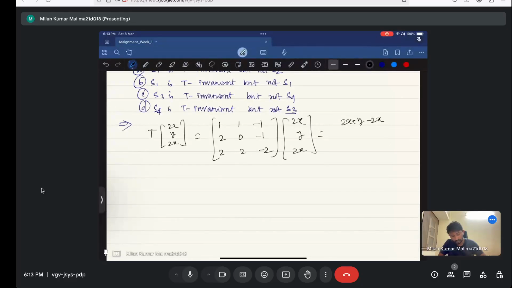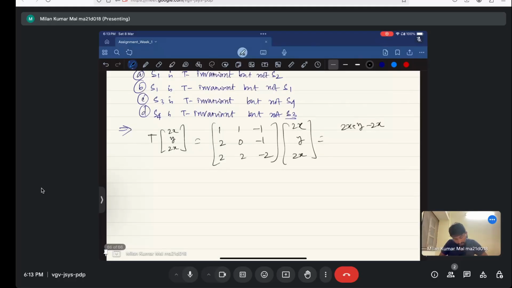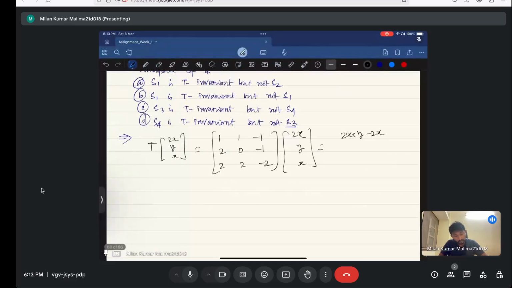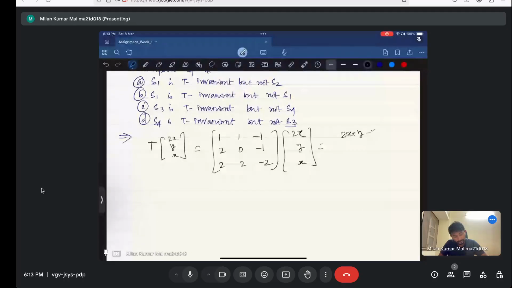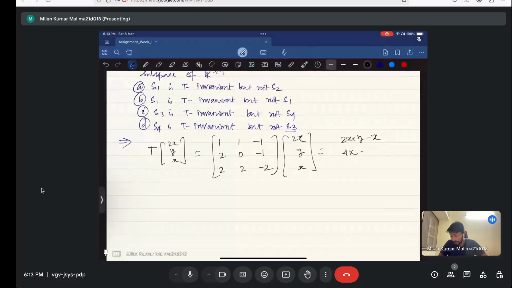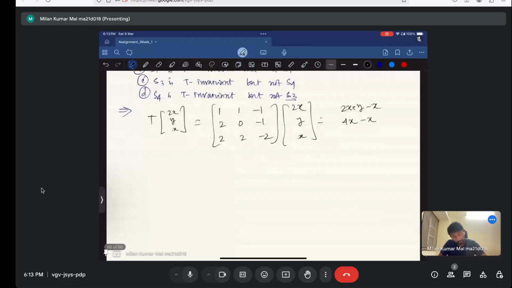Okay. And the second one will be, I think, okay, considering S1 here, the vector is (2x, y, x). So the first entry will be x plus y, the second will be 4x minus x, and the next will be 4x plus 2y minus 2x.